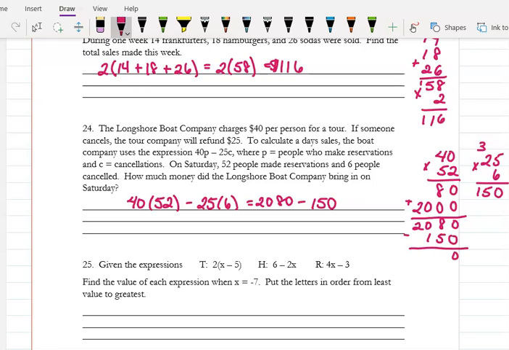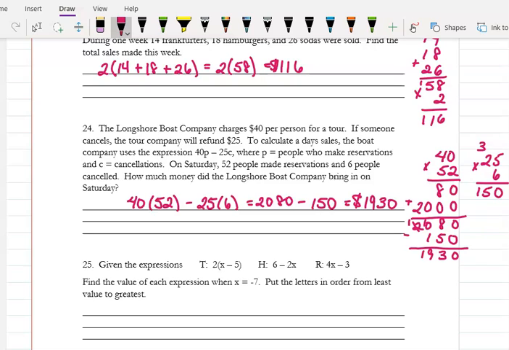So that would be 0. 8 minus 5 is 3. Borrow from the 2 and make that a 10. So 10 minus 1 is 9, and bring down the 1. So that is again a dollar amount, how much money they made, $1,930. Not bad for a day's work.